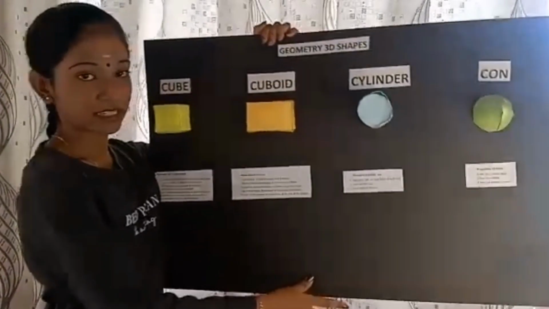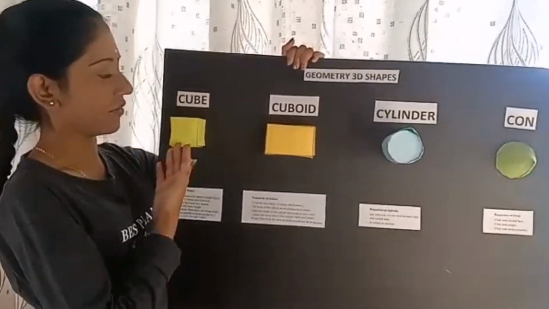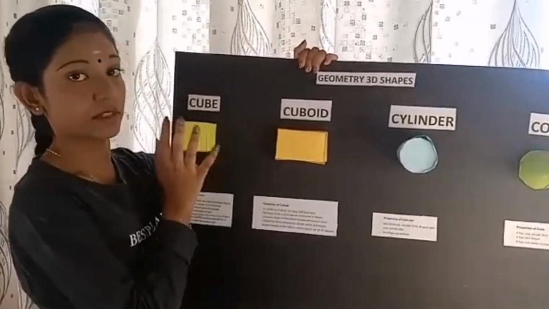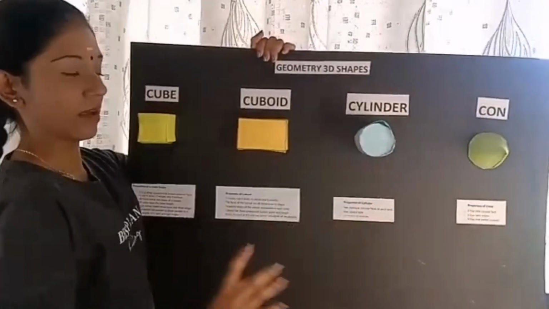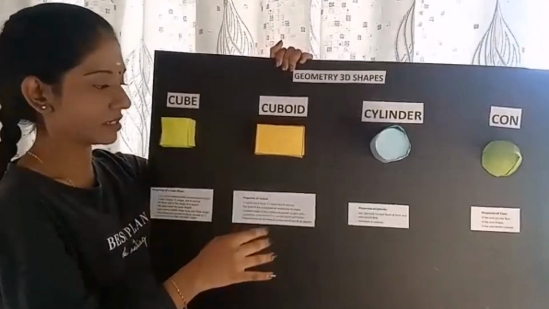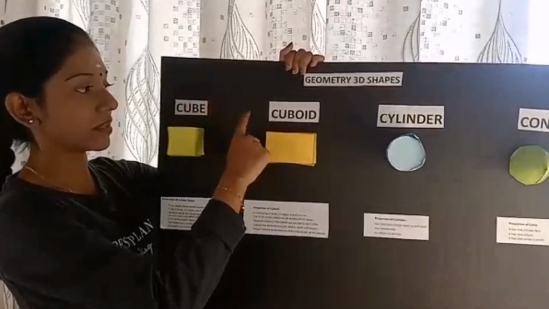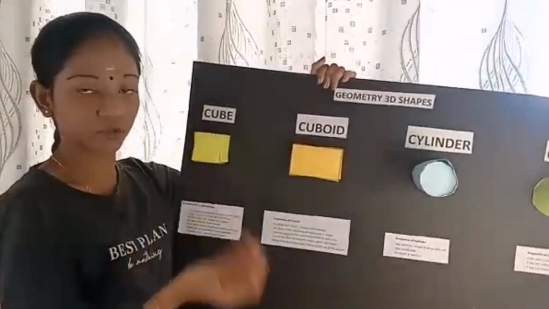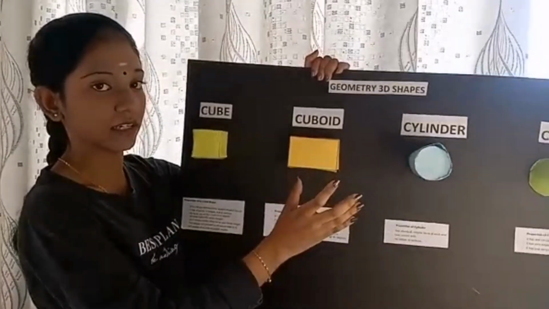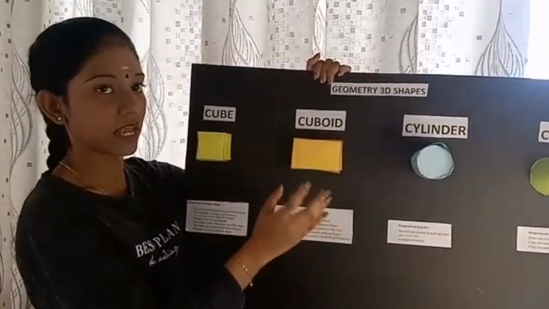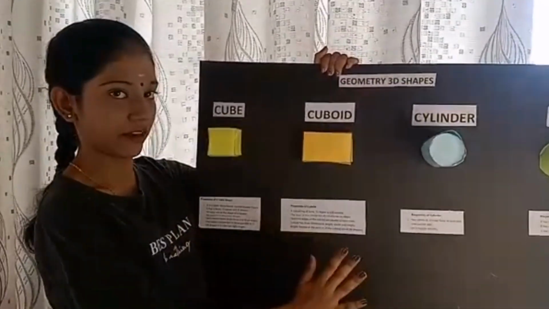Okay, so this is our resource production that we have created. As you can see, we have created the 3D shapes cube, cuboid, cylinder and cone by using different colored papers. We have also labeled them so that it is easier for students to read and categorize the geometry shapes based on their names, and they can identify them by themselves without seeing the characteristics.